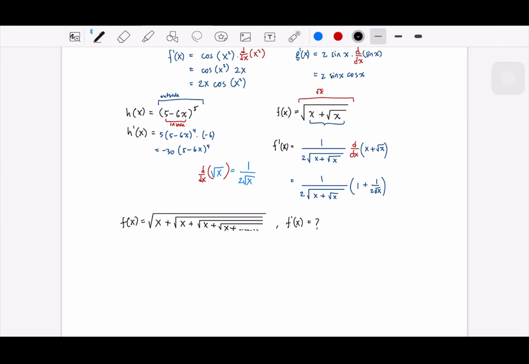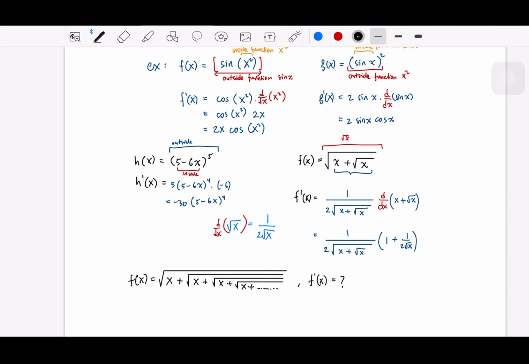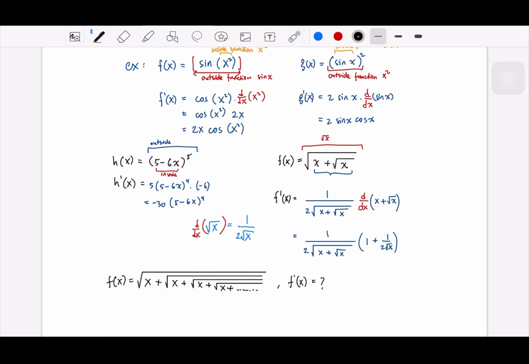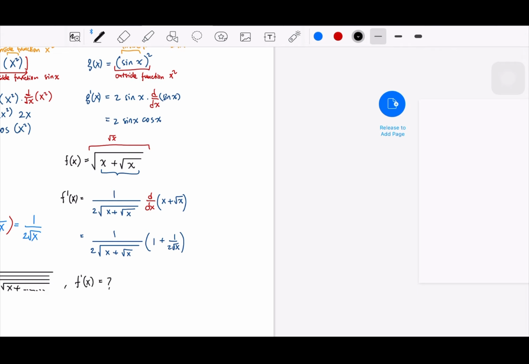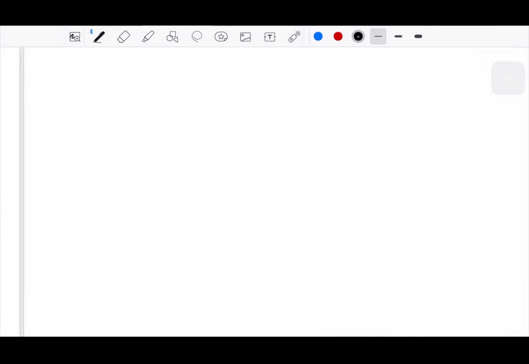Okay, by the way, when we deal with the exponent, I forgot to mention something. Let's say we have f of x, or let me write it with y.